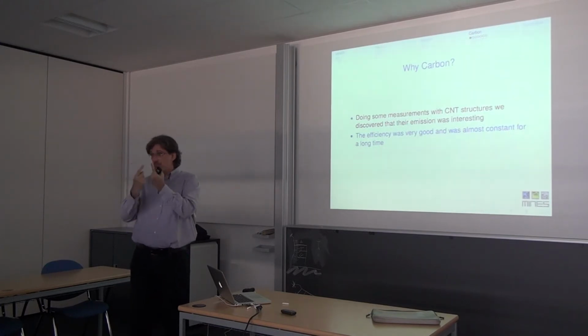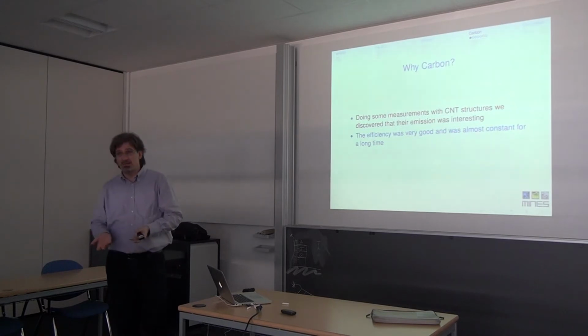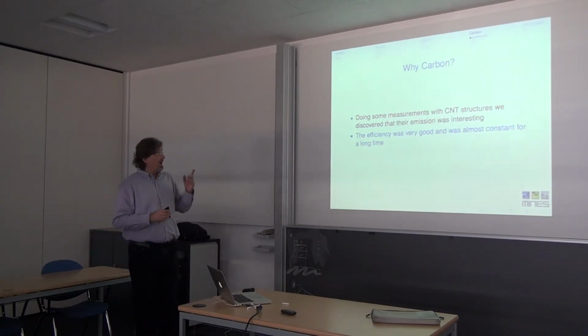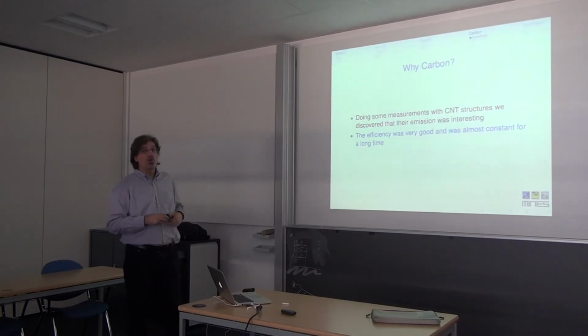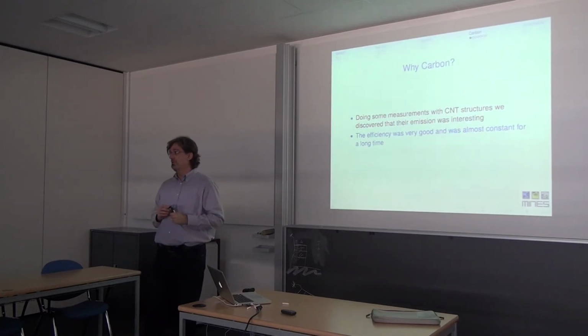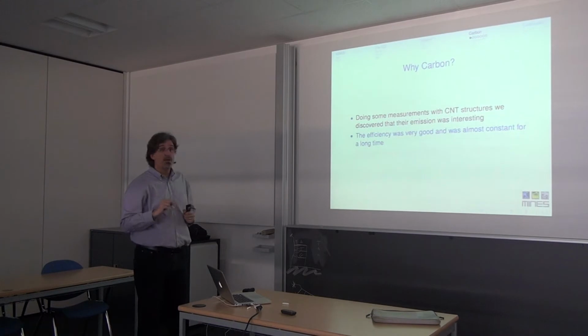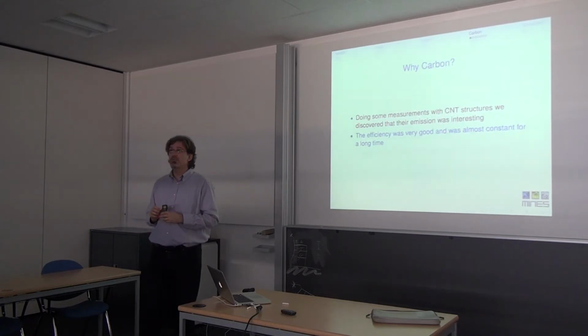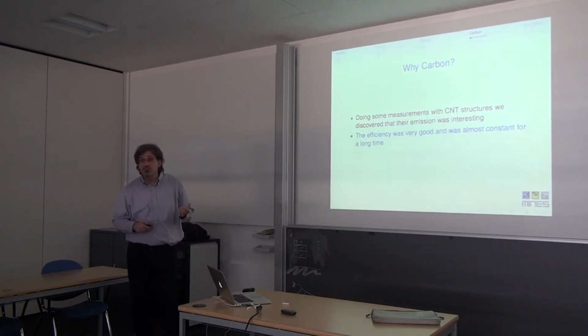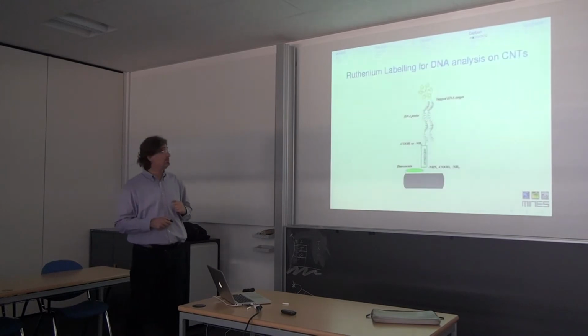In this case, you will see we produce forests of carbon nanotubes, and the total surface of the electrode is dramatically increased. And from the other part, I told you about these cycles. The interesting point was that the emission was constant for a long time. So we did not measure, and I will show you results, the loss in efficiency we had measured before with metal electrodes. And so we decided to use them.